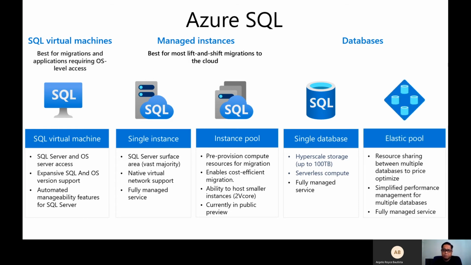SQL database also has an elastic pool configuration wherein you have a single elastic pool and then you can put multiple databases on the pool itself so that they can share the resources. This is for example, you have an OLTP database that is active for the whole day, but during the night, there's no one using it in the business. And then you have another database, which is an OLAP data warehouse database, for example, that most of its jobs are running during the night.